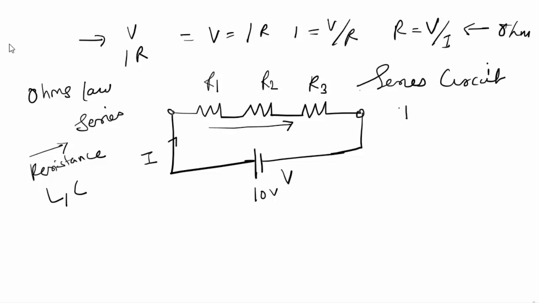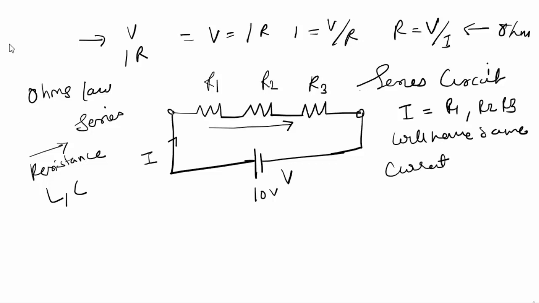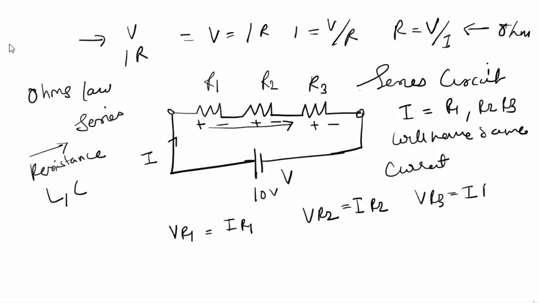So the current I will be flowing through R1, and R2 and R3 will have the same current. Now the voltage drops across each of these resistors: the current will flow through the resistance from higher potential to lower potential, and the voltage drop VR1 can be written as IR1, VR2 as IR2, and VR3 as IR3.